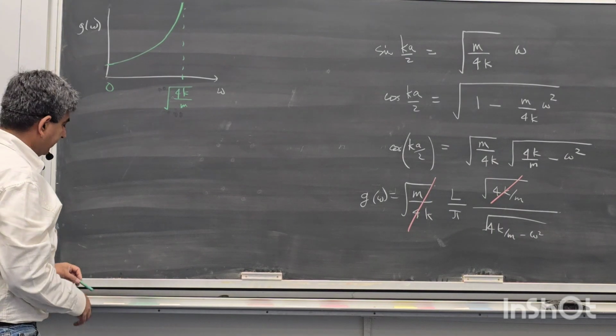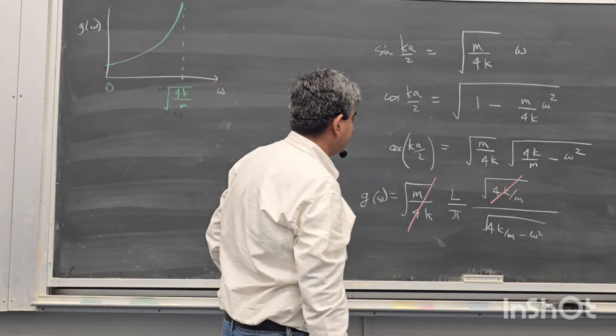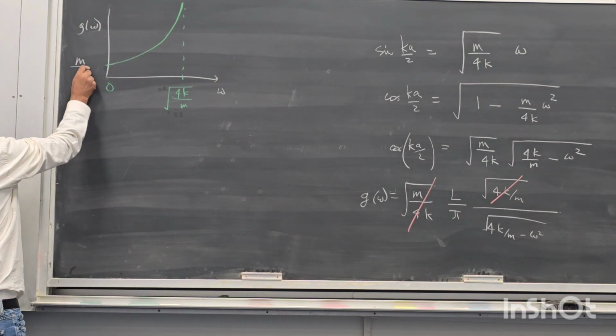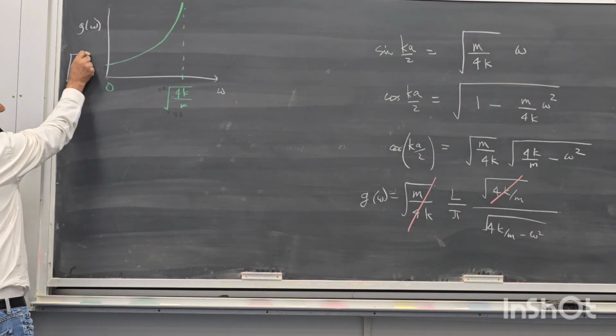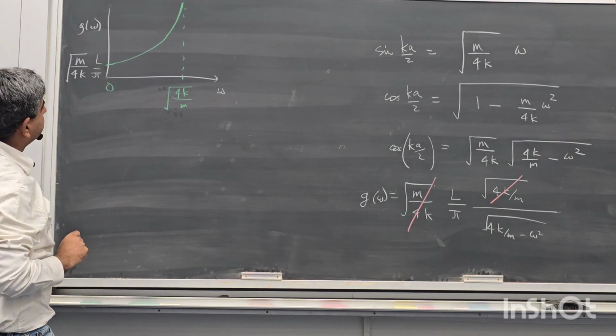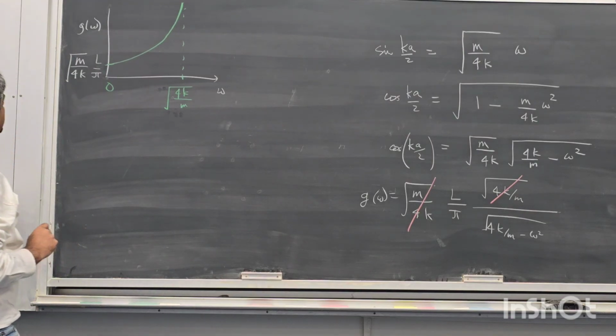So this value at omega equals 0 is square root of m over 4k, L over pi.